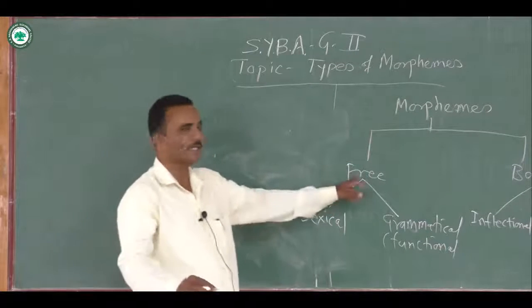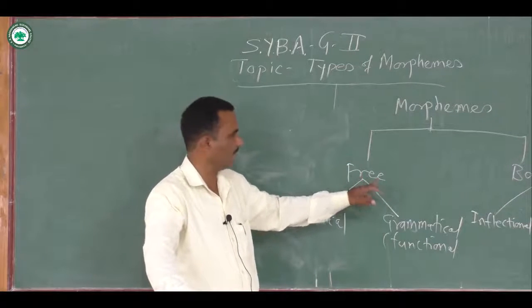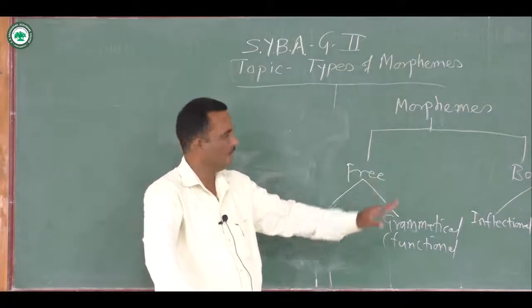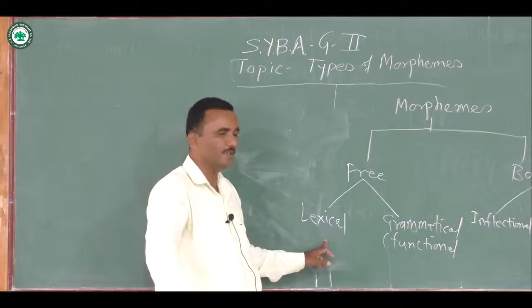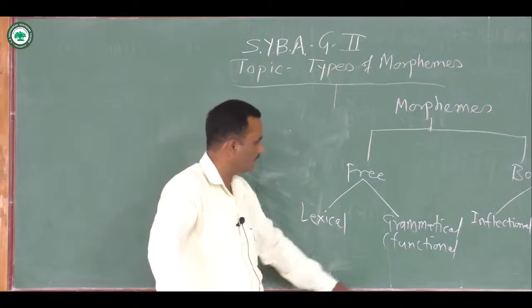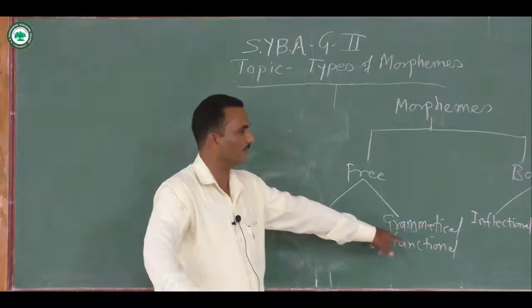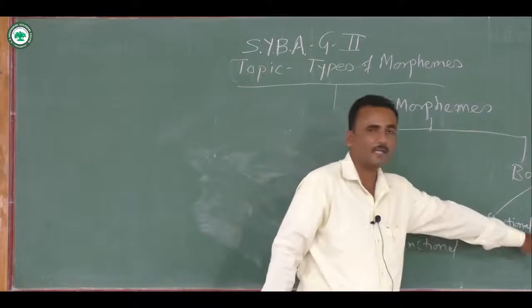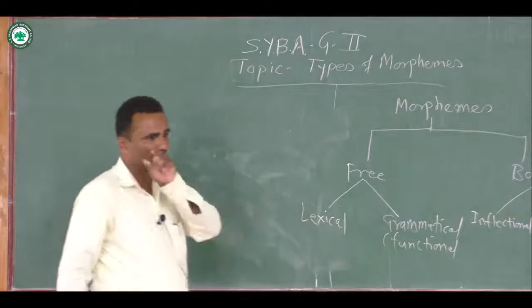So these are the major types of morpheme, that is free morpheme and bound morpheme. So far we discussed what is free morpheme and what is bound morpheme. There are subcategories of free morpheme. One of them is lexical, second one is functional or grammatical, and bound morpheme also has a subclass, that is inflectional and derivational.